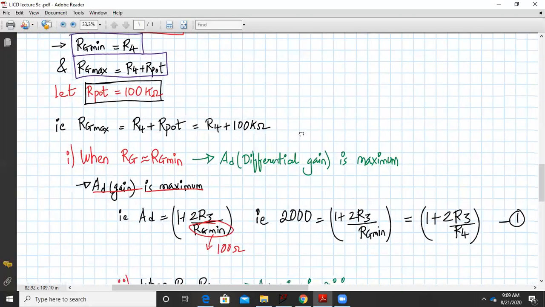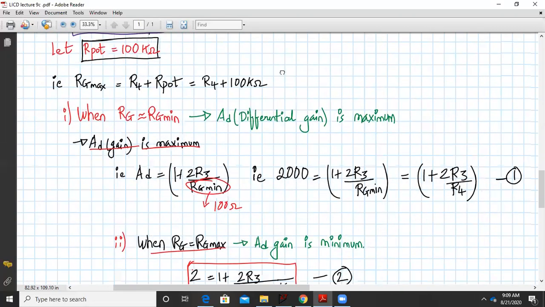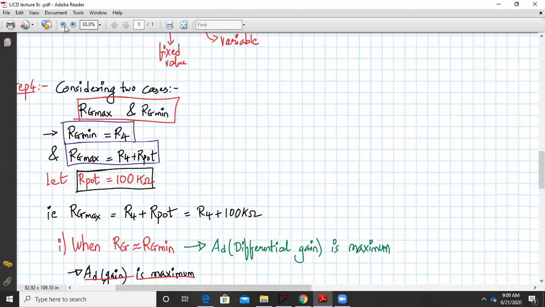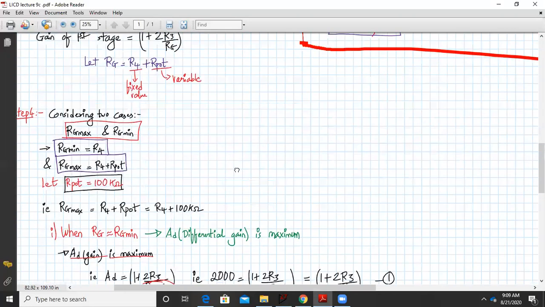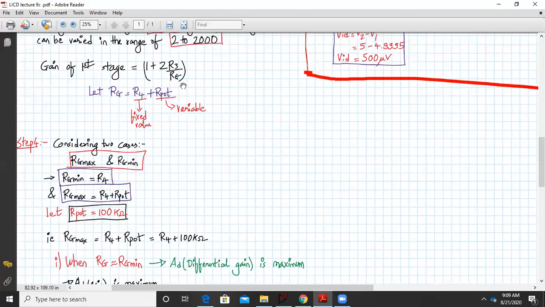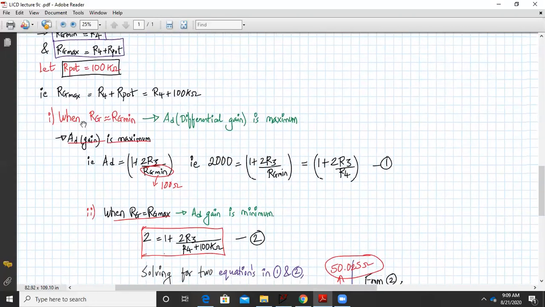Whenever RG is minimum, what can we say? In this formula, whenever RG is minimum, that means the gain will be maximum. So when RG is equal to RG minimum, which is equal to R4, my differential gain will be maximum. That is what we have written here: AD is equal to 1 plus twice R3 upon RG minimum.